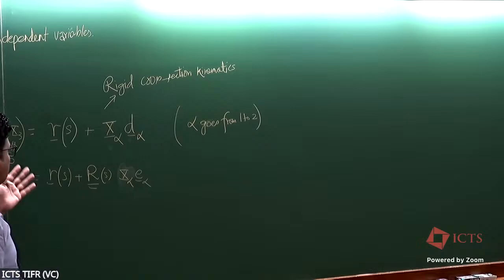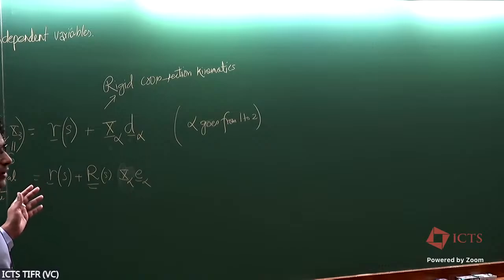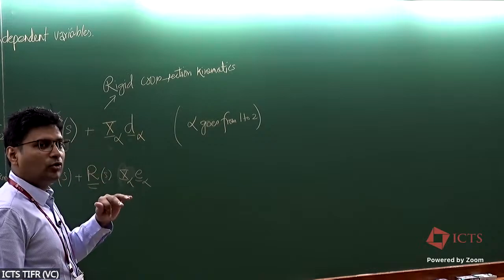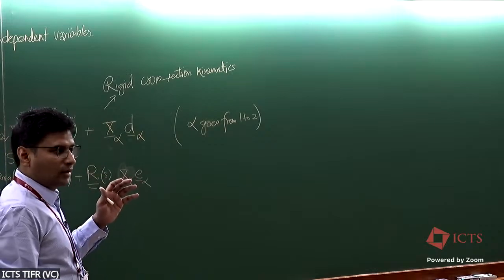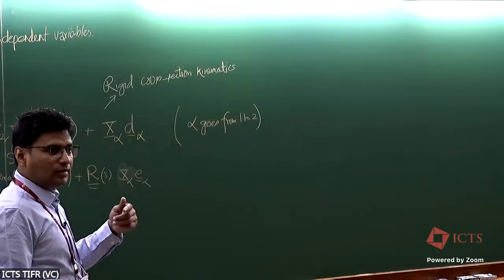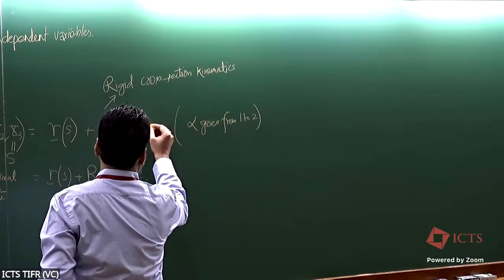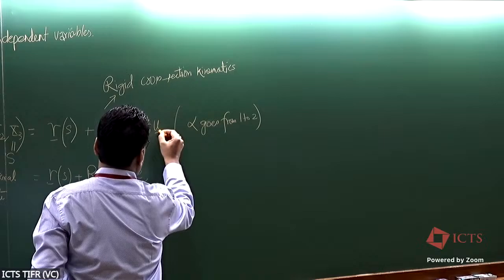So that's the rigid cross-section kinematics, which Antman proposed to give a visual picture of how these variables relate to the 3D continuum deformation map. But you don't have to think that in this theory the cross-section is not allowed to deform. Actually, as you'll see later on, maybe in my last lecture, it also allows for an extra warping.